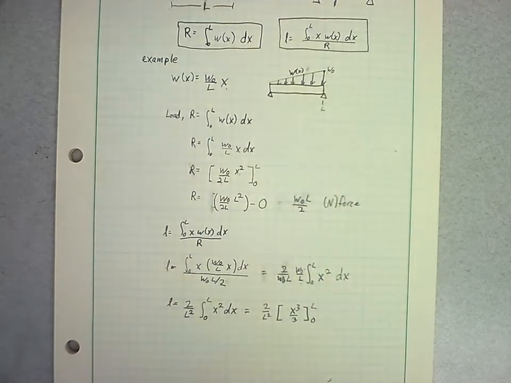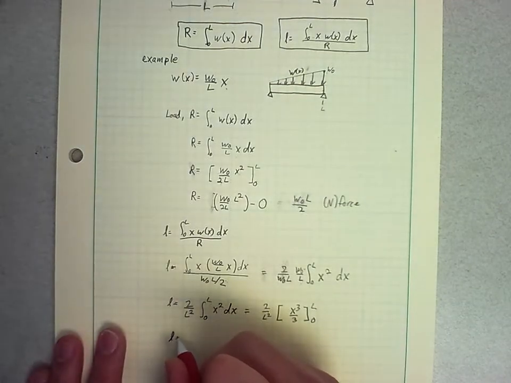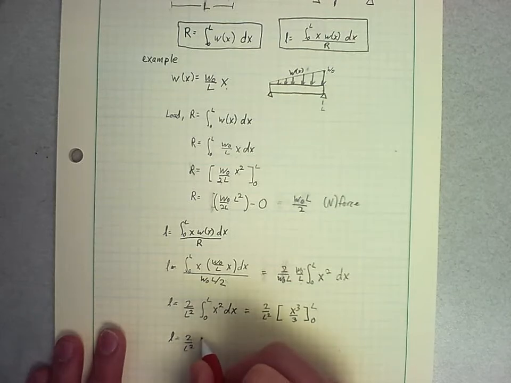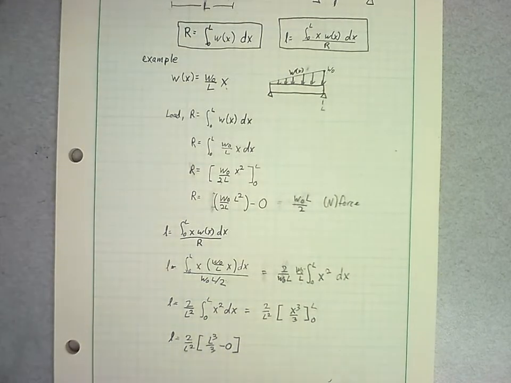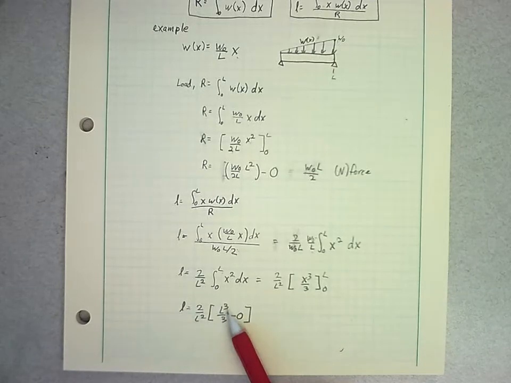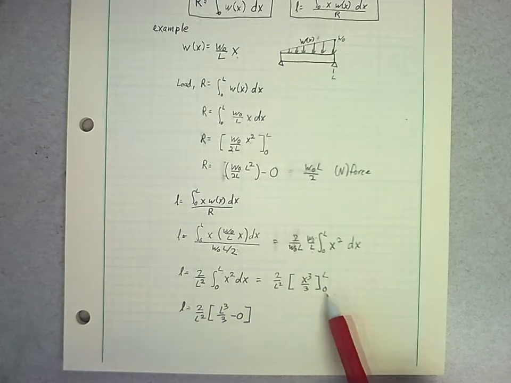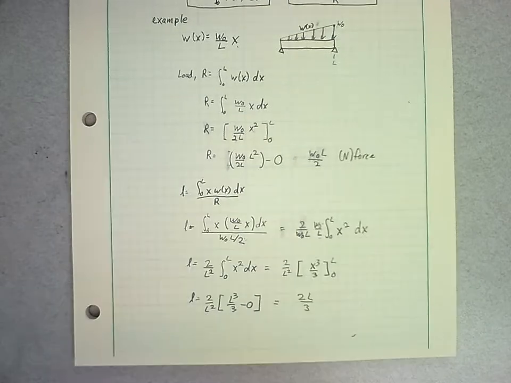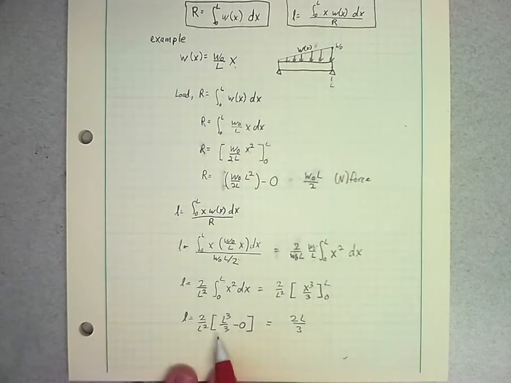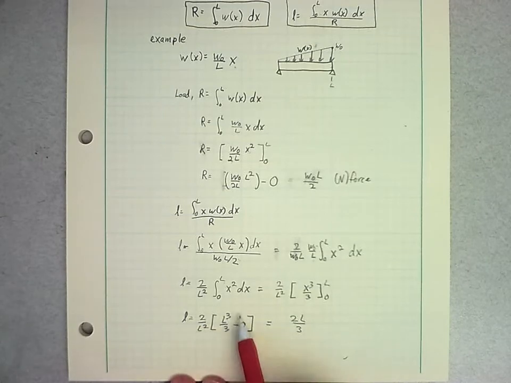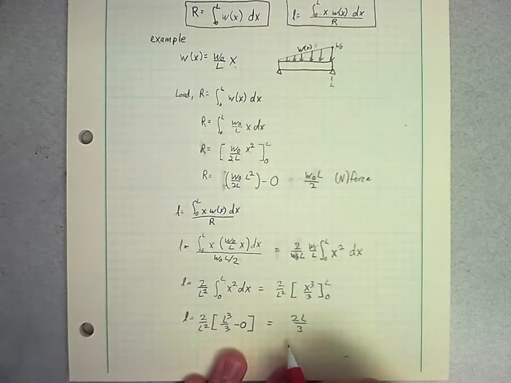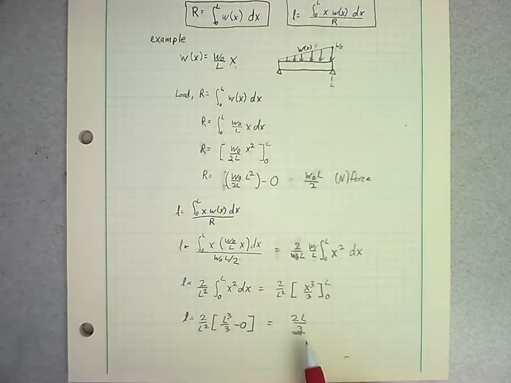We're evaluating from 0 to L. Plug those in. When I plug in L, I get L cubed over 3. Plug in 0, I get 0. Simplify that answer. So of the L squares, 2 of those cancel out. I get L left on top, times 2/3. So I get that the place where it's located is 2/3 of the way down the beam.